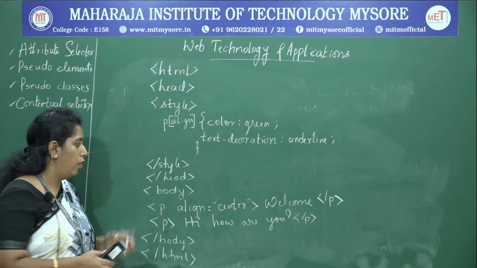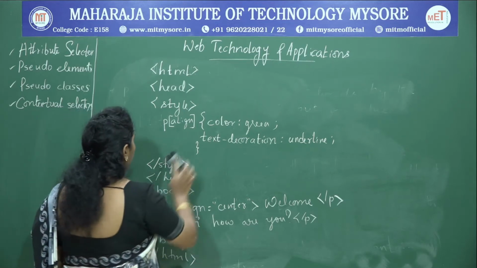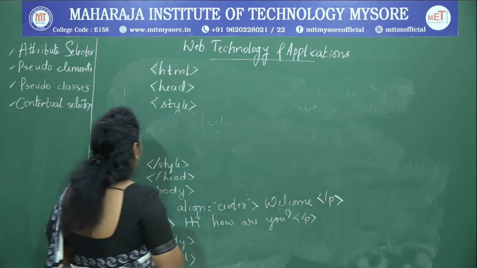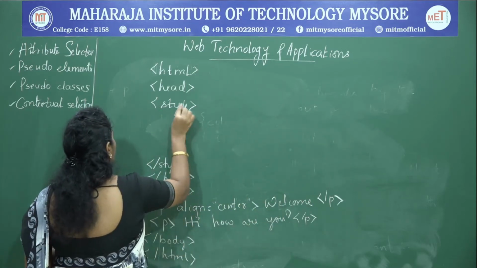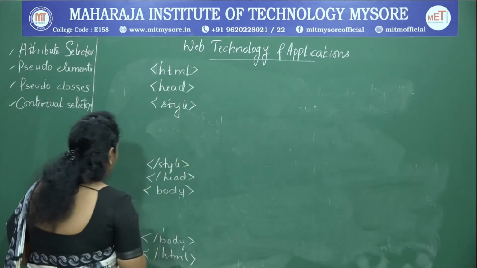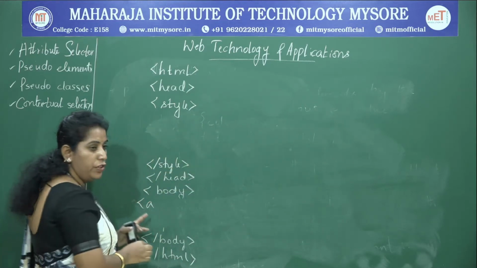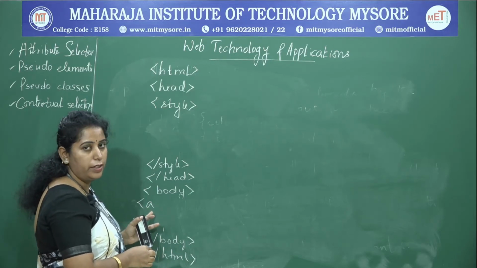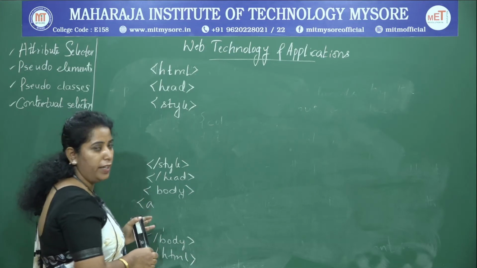On this, I am going to take one more example. Instead of the paragraph tag, assume I am having, which tag is this? A stands for anchor tag. What do you do with that? You can create a hyperlink, right?